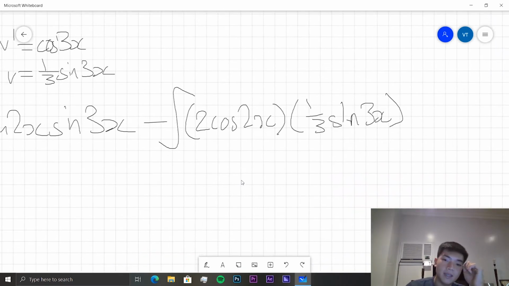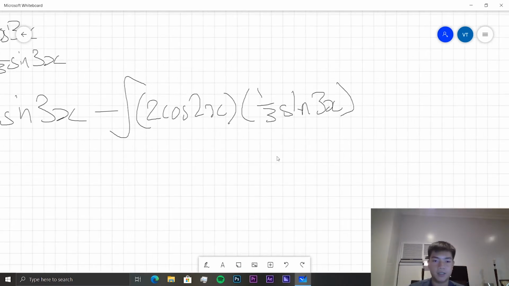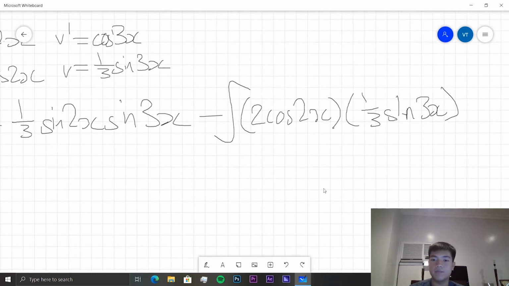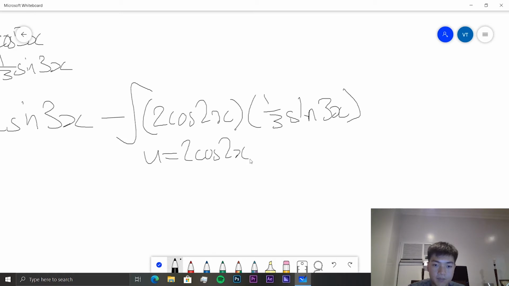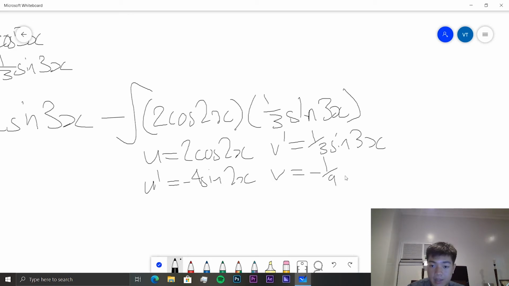It's important that we differentiate the same function and integrate the same function if we haven't got the original function yet. So we differentiate this: u is equal to 2 cosine 2x, u prime is equal to negative 4 sine 2x, v prime is equal to sine 3x, and v is equal to negative 1/9 cosine 3x.